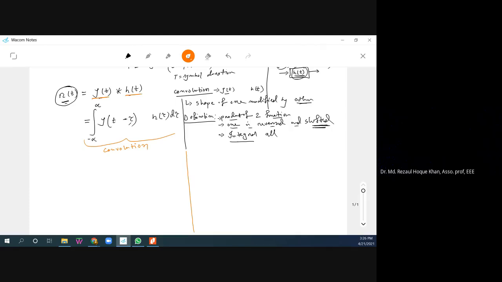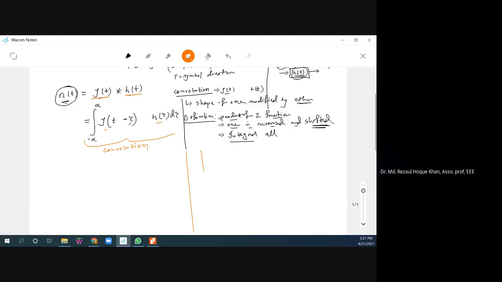So there is h(t), which is the response of the filter, and y(t), the signal. Let's draw them. I'm assuming the shape of the two signals. A square won't show the change, so a triangle will be better.